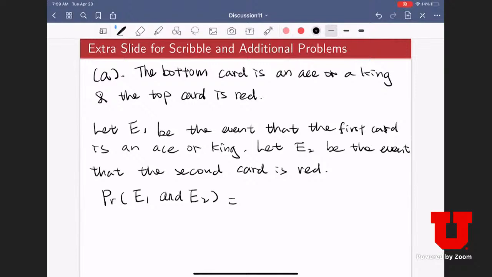So wouldn't the first term be the probability of it being an ace or a king, times the second term, where it's the conditional probability on what color it is? Yeah, exactly. So basically on the right hand side, it should be the probability of E1 times the probability of E2 given E1.